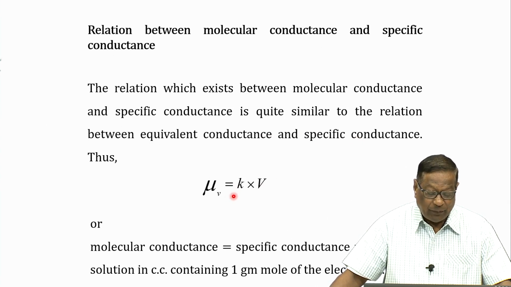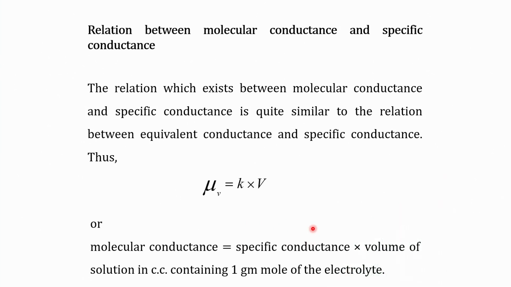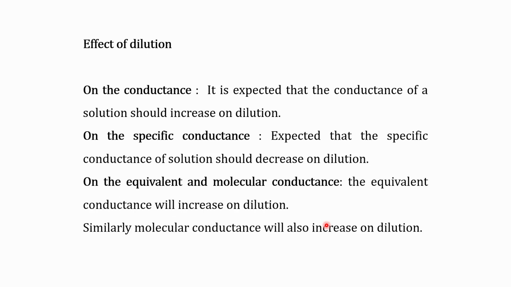We write mu V is equal to K into V, or in words, molecular conductance is nothing but specific conductance multiplied by the volume of the solution in milliliters containing 1 gram mole of the substance. That is molar conductance. Then we also have to think about the effect of dilution on the conductance.